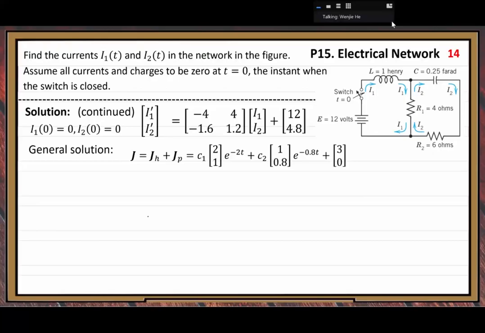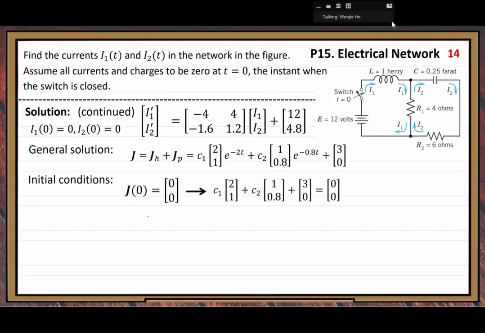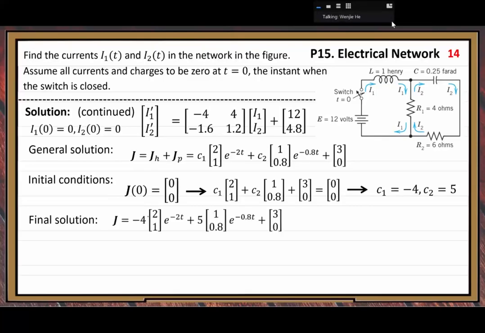C1, C2, we need to use our initial condition to find C1, C2. So in this equation, C1, C2, then the final solution. We can write the final solution like that.